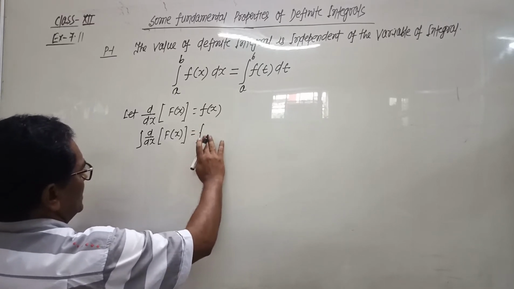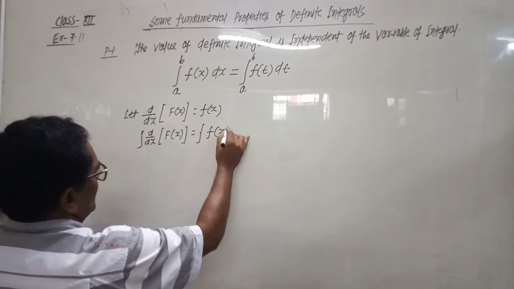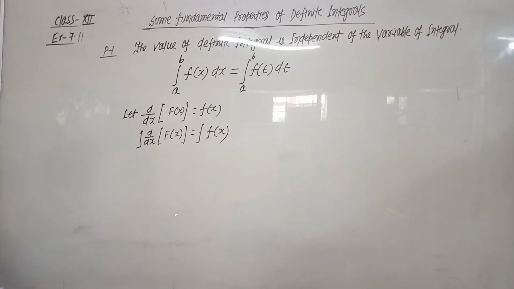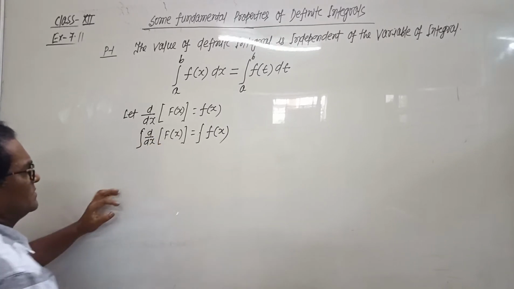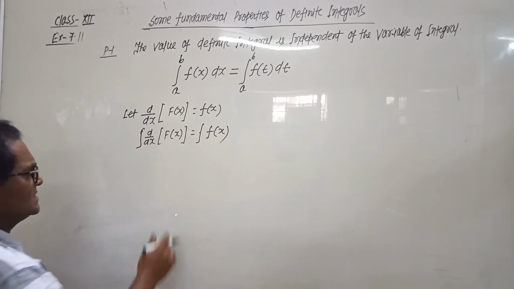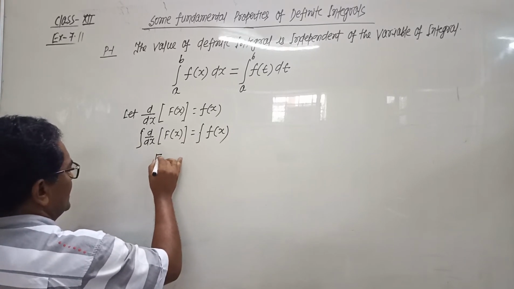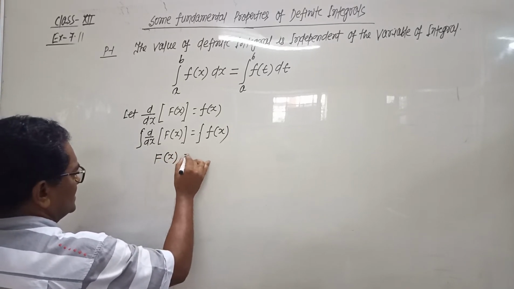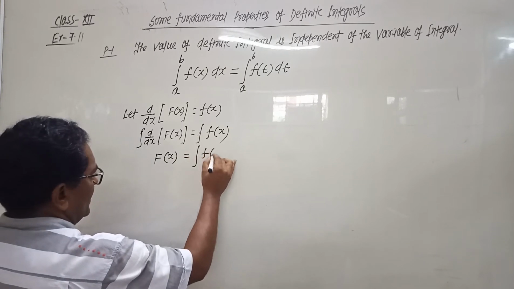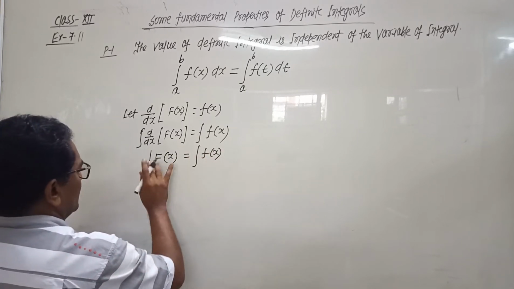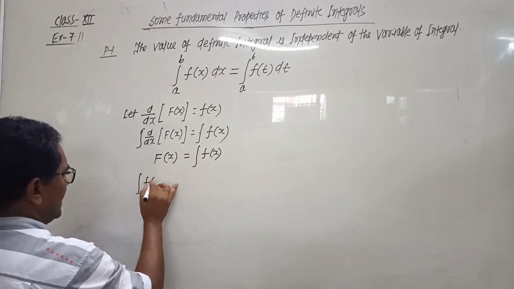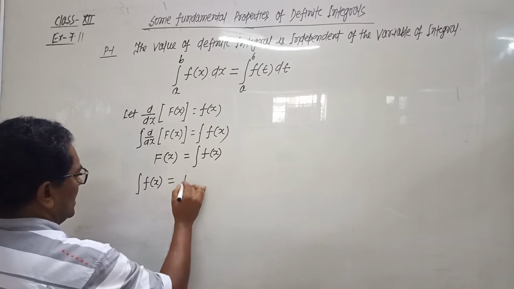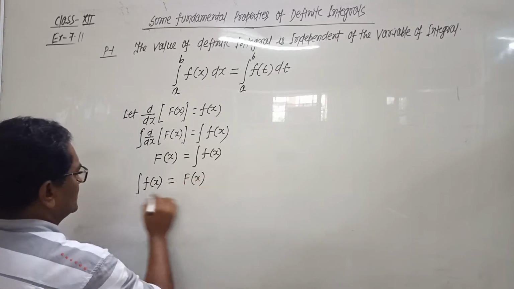We know that integration is the reciprocal of derivative, the anti-derivative. So the integral and d by dx get cancelled, and we get capital F(x) equals integration of f(x). Also we can write it this way: integration f(x) equals capital F(x).